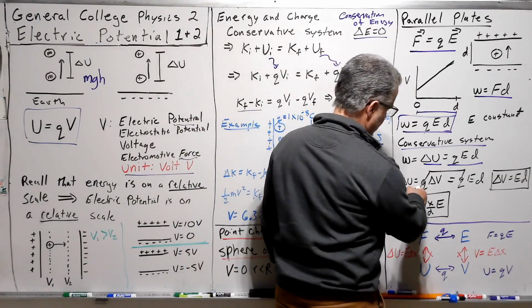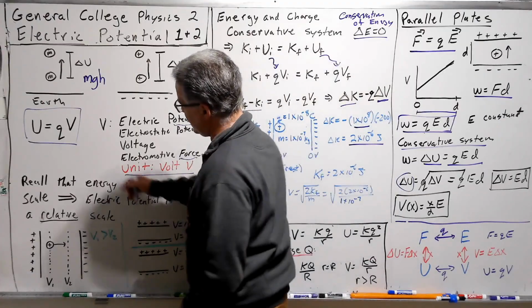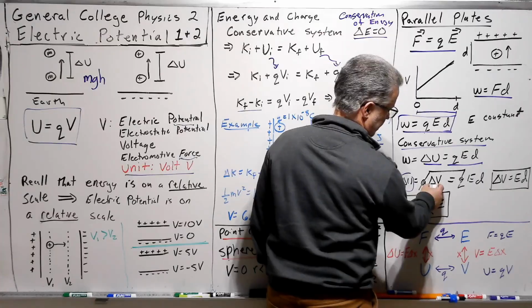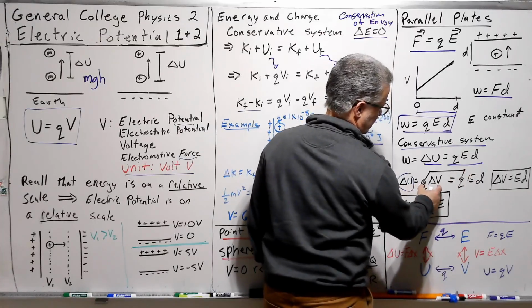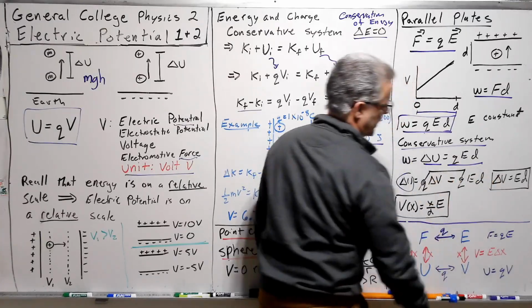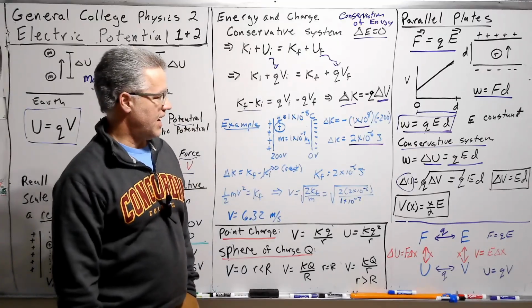We can also relate potential energy, coming back to this formula here, as delta U is Q delta V. So we have delta U is Q delta V, which equals Q E d, so we can cancel the Q's and we get the change in voltage across that capacitor.